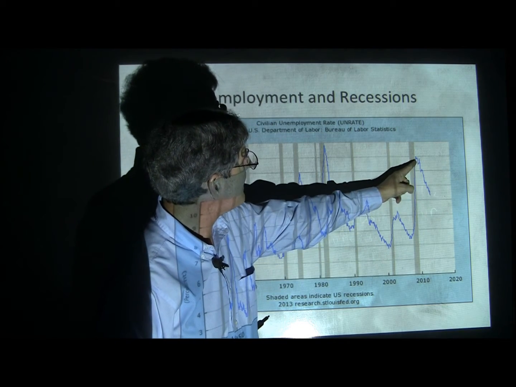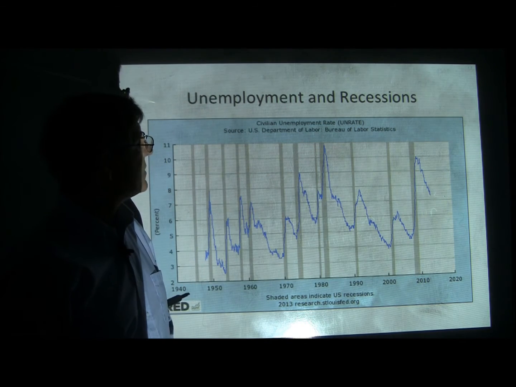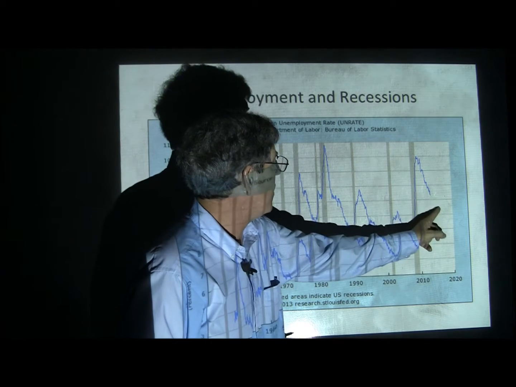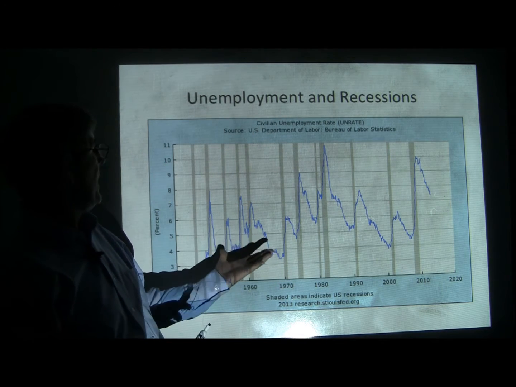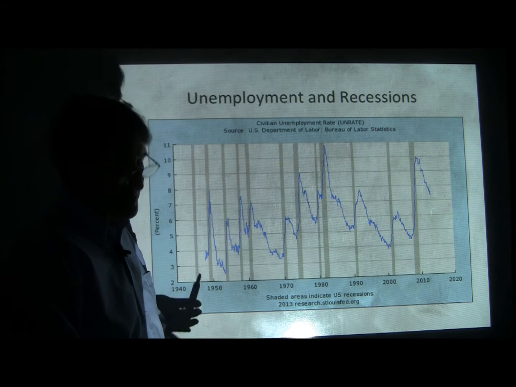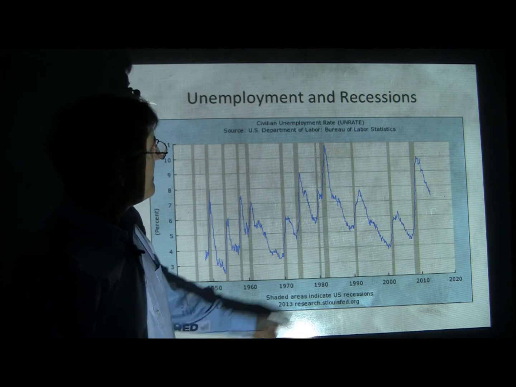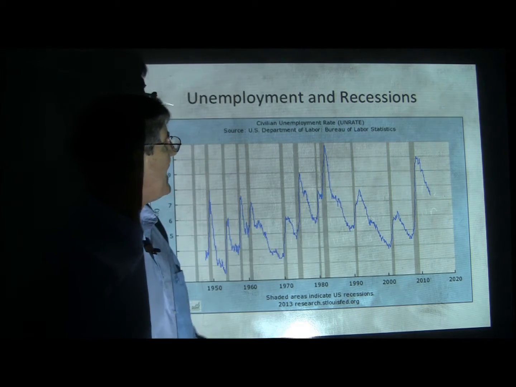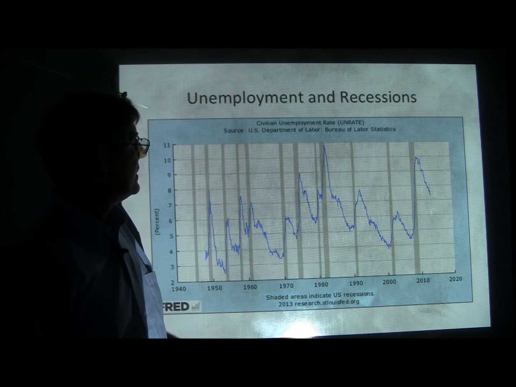Now, there was a little bit of that going on in the Great Recession, but it wasn't quite as pronounced. And this has come down even more. This graph's a year or two out of date right now. So anyway, that's unemployment. Changes a lot over time. Most of the change is associated with recessions, in part because it's part of the definition of a recession, but it doesn't always exactly line up with output going up or down.